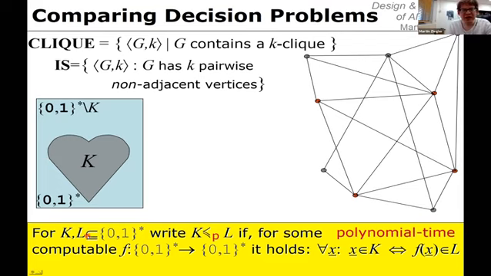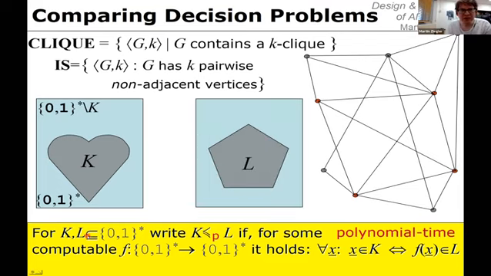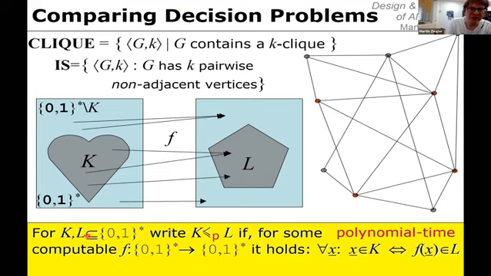And we have the same here for another decision problem L, only here we chose a different shape to emphasize that in general these will be different decision problems, and it's a subset of the finite binary strings again.